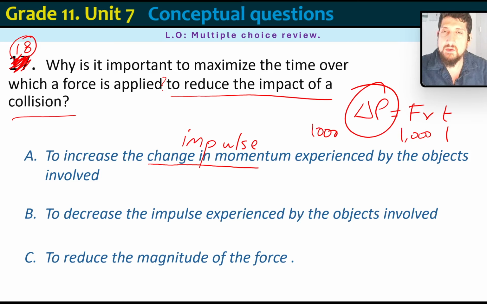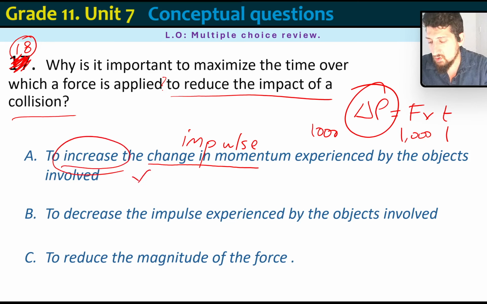And now it's going to be much more comfortable for the driver and the passengers. They're not going to experience that sudden force. So the impulse doesn't change. To increase the impulse, no. To decrease the impulse, no. To reduce the magnitude of the force, yes. That's the whole point of it.